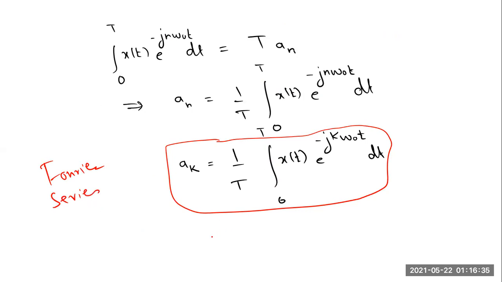One is this one, and the second one is x of t equal to the summation of ak e raised to the power plus j k omega naught t, k is equal to minus infinity to plus infinity.